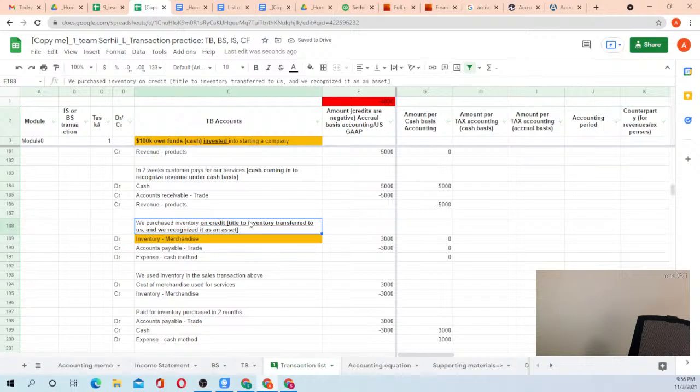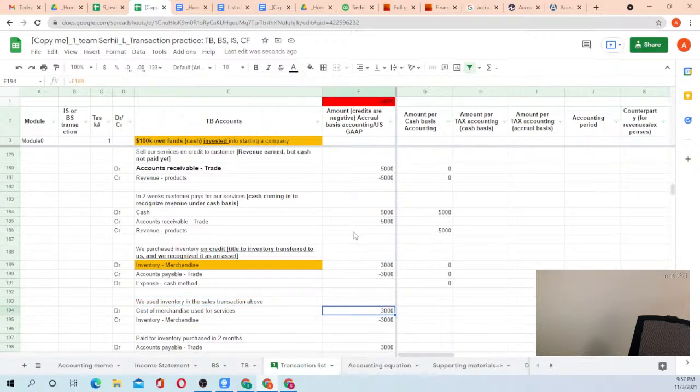So here we got title to inventories, and now that inventory is our asset, despite the fact that we still owe money for that inventory. And on the next step, we use the inventory in that sales transaction. And that would be the matching principle.